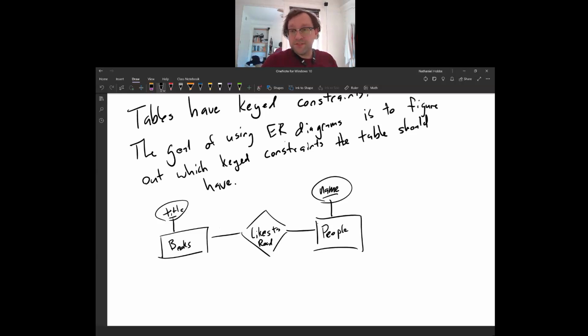So somebody comes to us with some data. These are the titles of books. These are the names of people, and these people like to read these books. Some books aren't read by anybody. Some people don't read any books, and that's the way the data is.